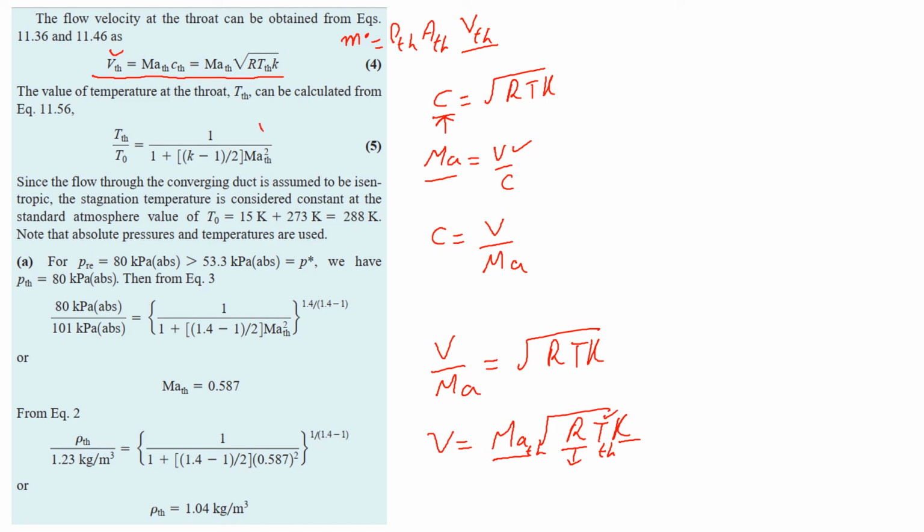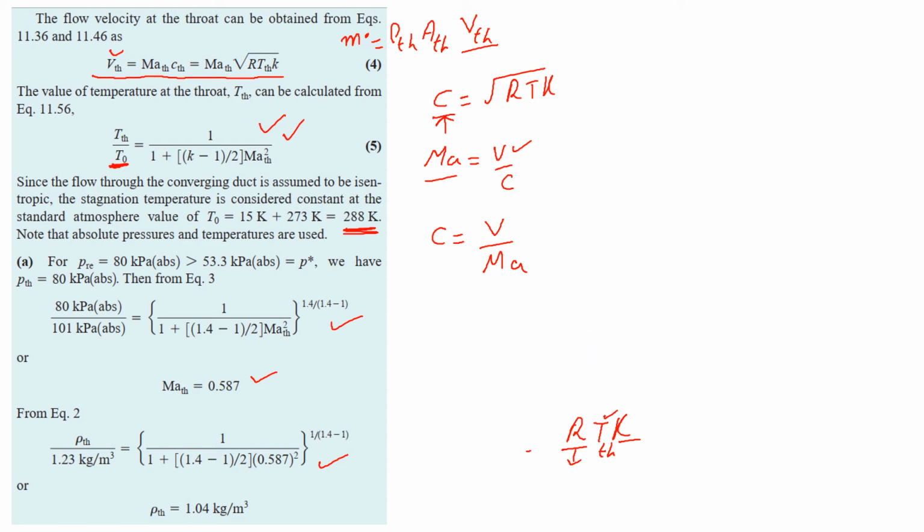So we will use this equation to find the throat temperature, and if the standard atmospheric temperature is 15 degrees, we will convert it into the absolute value. First we will solve the pressure equation to find the Mach number, then we will find the density by putting the Mach number inside the density equation to find the density at the throat.